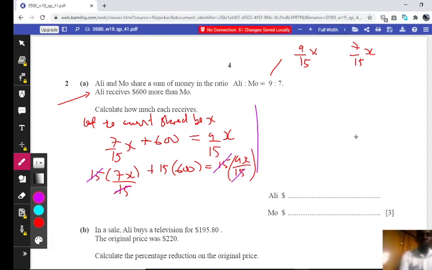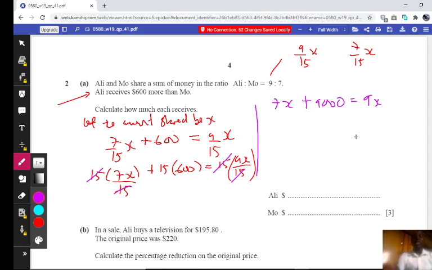Then what will remain? We have 7x plus 15 times 600, which is 9,000, equal to 9x on this side.